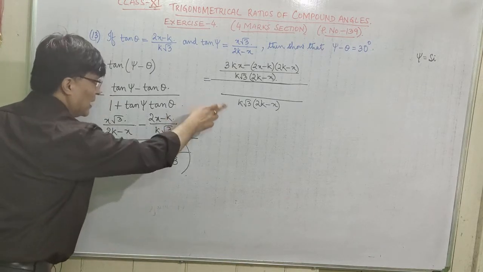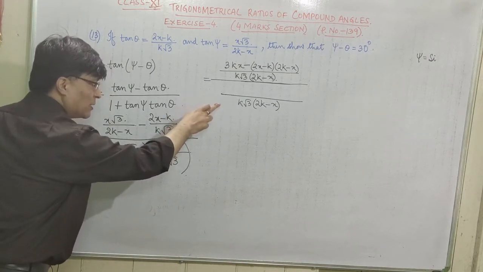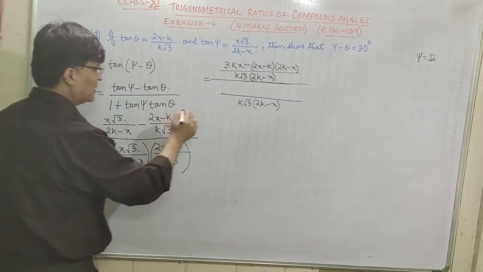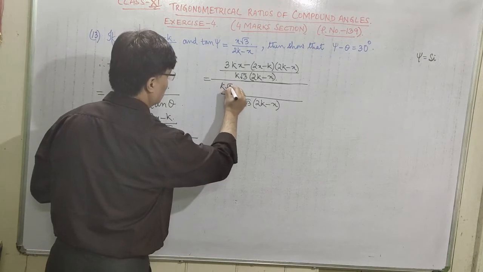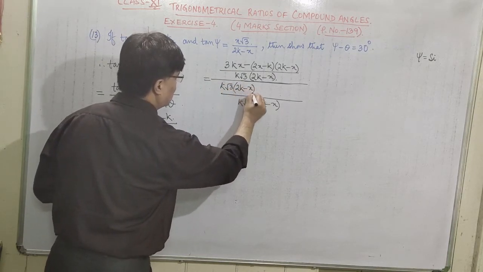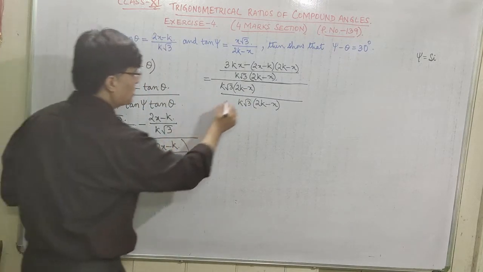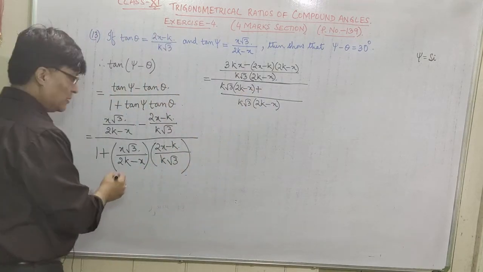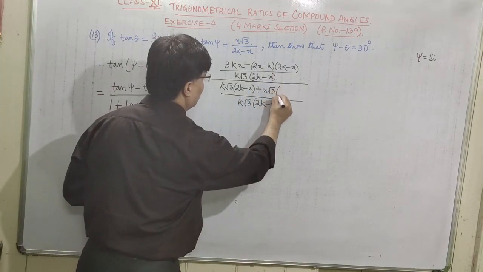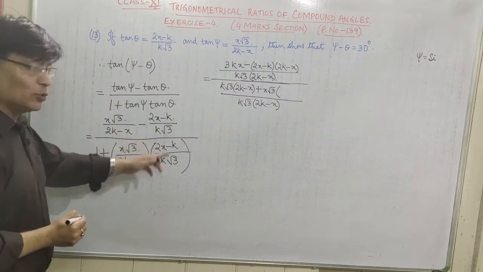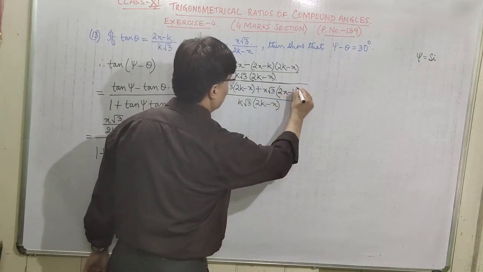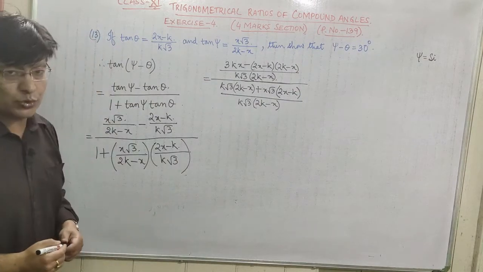Now this LCM, k root 3 into 2k minus x, is multiplied by 1, and you write it here, that is k root 3 into 2k minus x, then plus sign is there. Then you should write x root 3, and within bracket we have 2x minus k, bracket is closed.